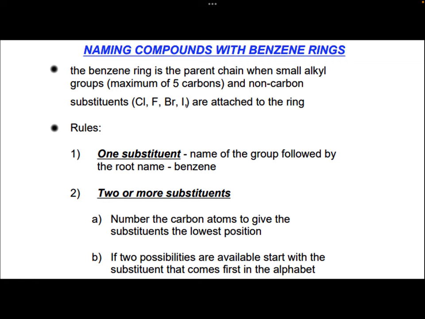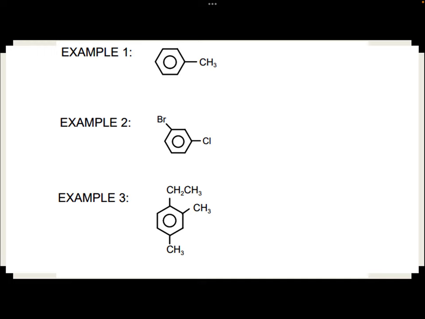And if there's 2 or more, then we number the carbon atoms to give the substituents the lowest position. And if 2 possibilities are available, start with the substituent that comes first alphabetically. Those are the 2 rules depending on how many substituents we have, and it's very similar to what we looked at in the past, so it's just recalling these steps.